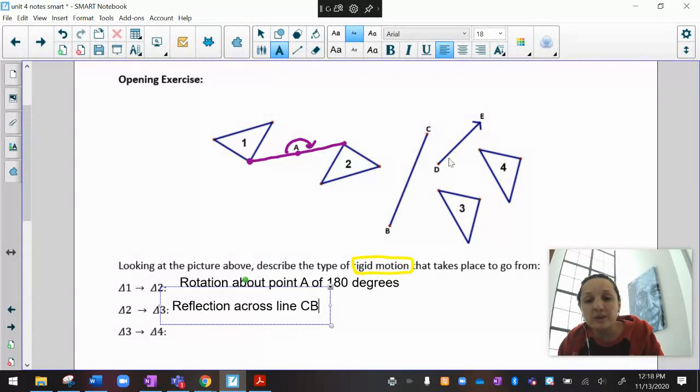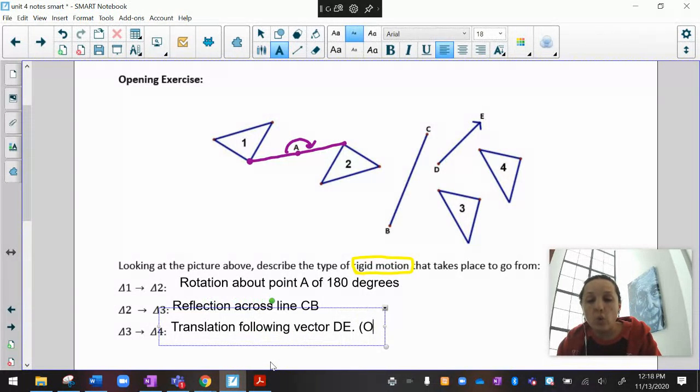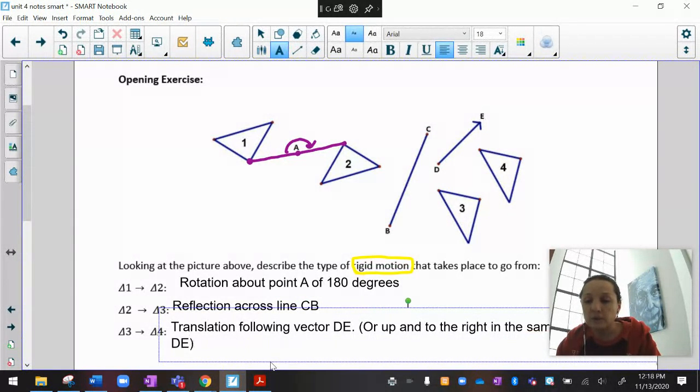And we did a translation the same length and direction as vector DE. So to get from 3 to 4, we did a translation following vector DE, or you could say up and to the right in the same direction of DE.